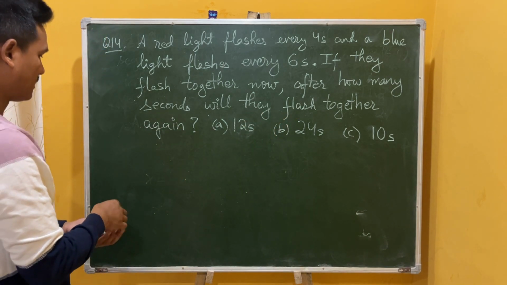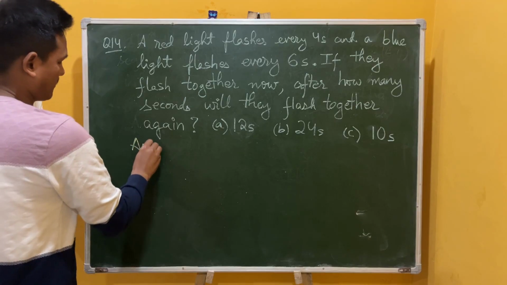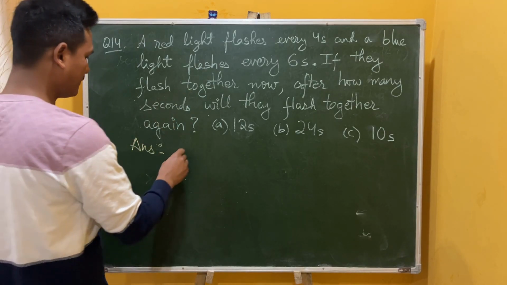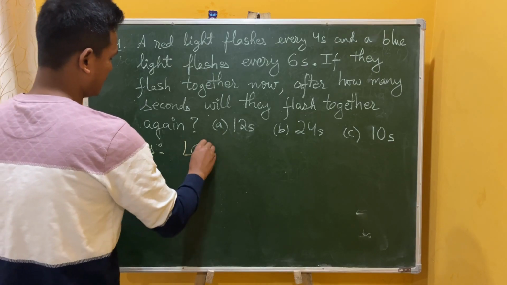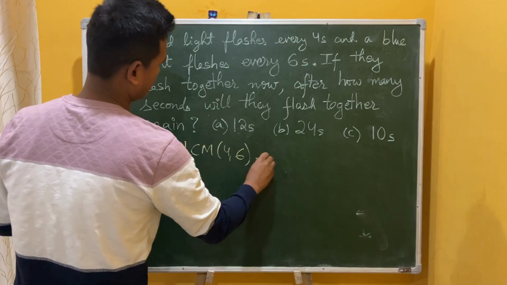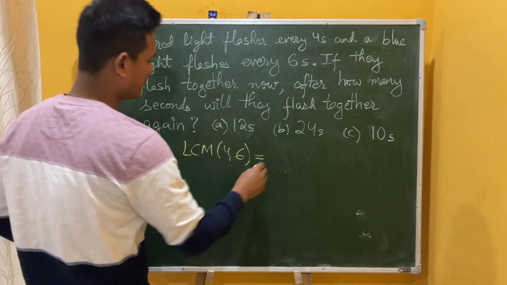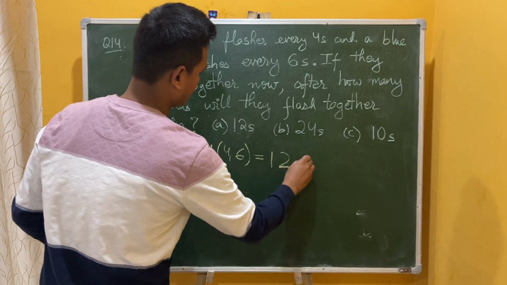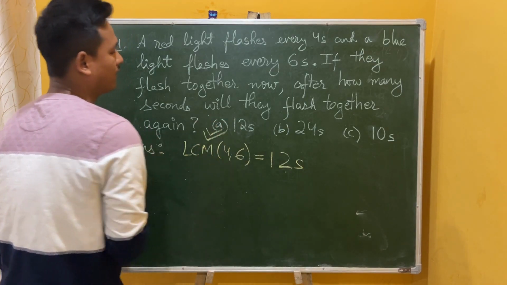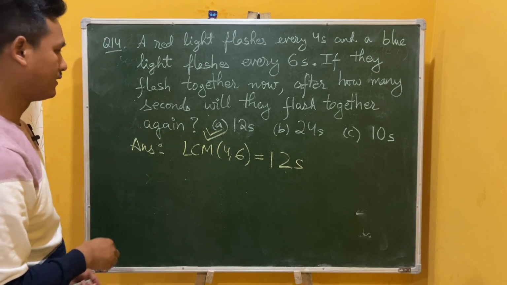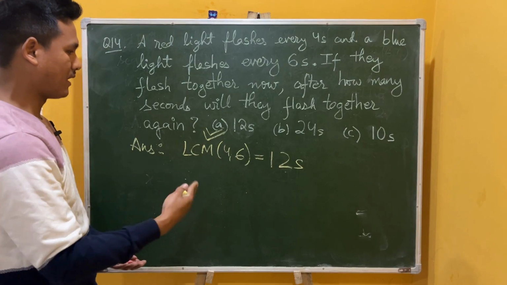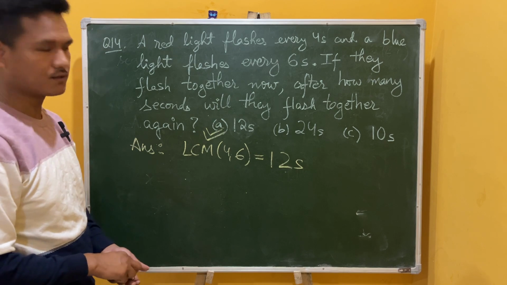So what we have to do is to find the LCM of 4 and 6, which is 12 seconds. So they'll flash together again after 12 seconds from now. So this is the answer.